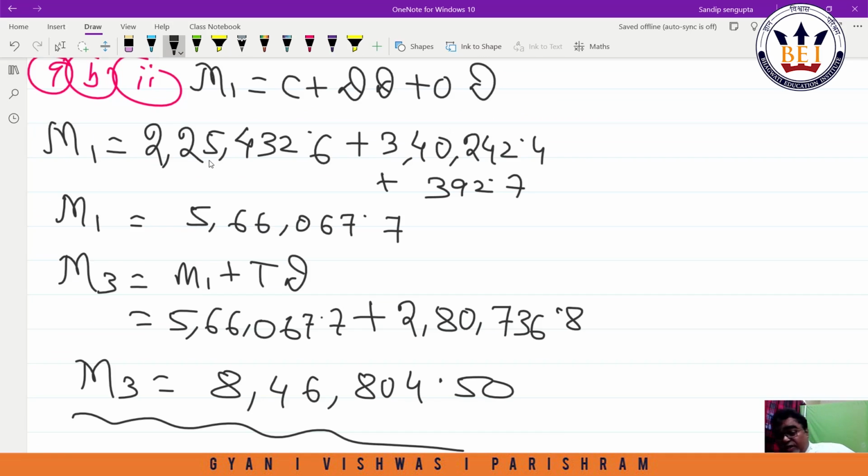Check once more. M1 is equal to C plus DD plus OD. M1 value I put. DD and then OD. Simple clerical job calculation. After that, we got this 846,804.50.